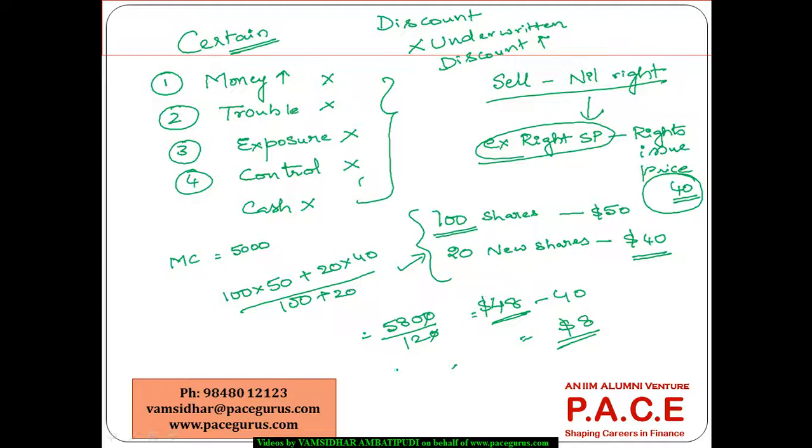This is where the stock exchange will insist that the company should sell those shares which are not responded to by the shareholders, and whatever benefit came out, whatever the premium is, which is the difference here, that has to be shared with the investors who did not exercise their rights.